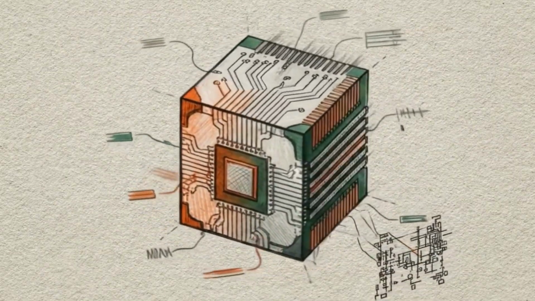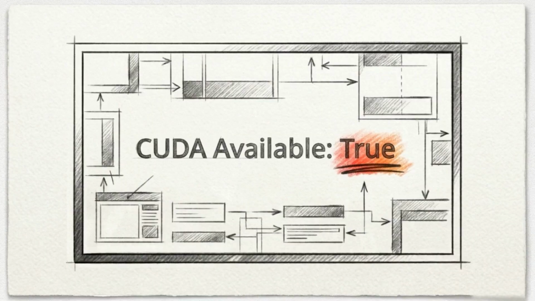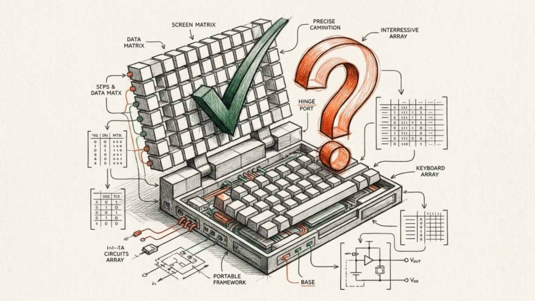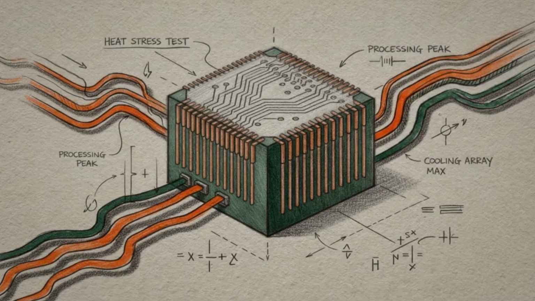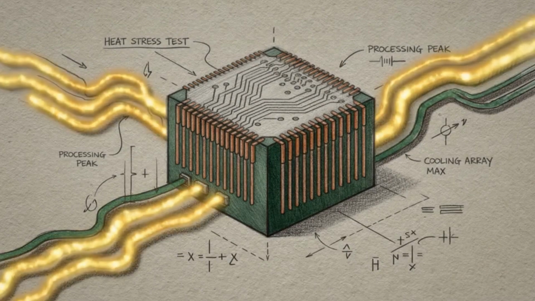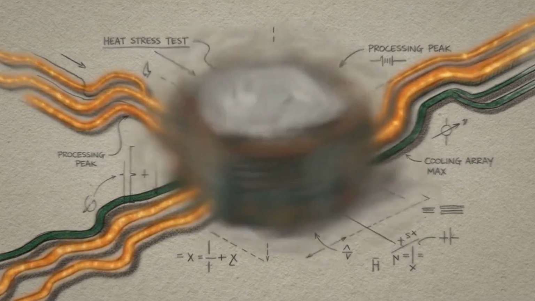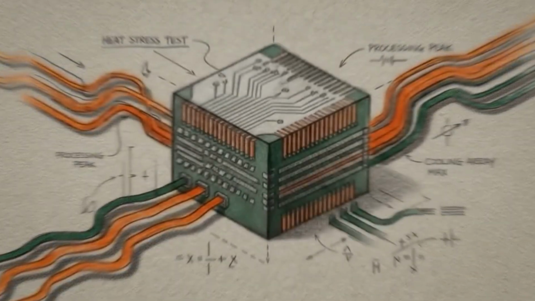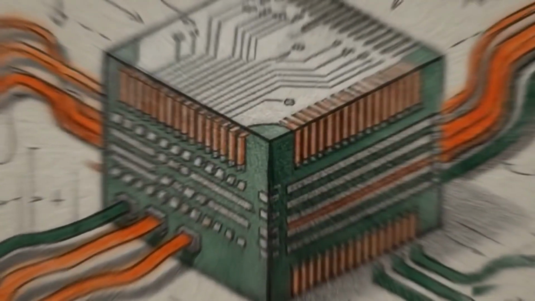Just checking if your installation works by running a basic script that prints CUDA available true is insufficient. It proves Python can see the card, but it doesn't prove it can compute data. To guarantee PyTorch is actively executing math on your hardware, we force it to calculate random data using a matrix multiplication stress test.